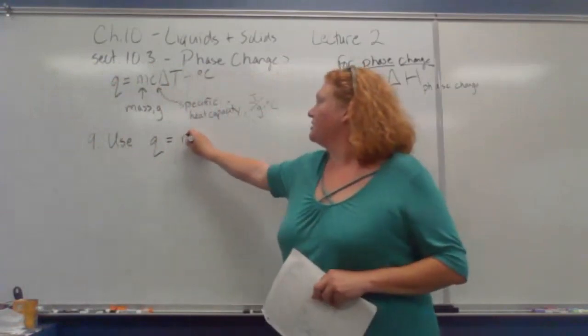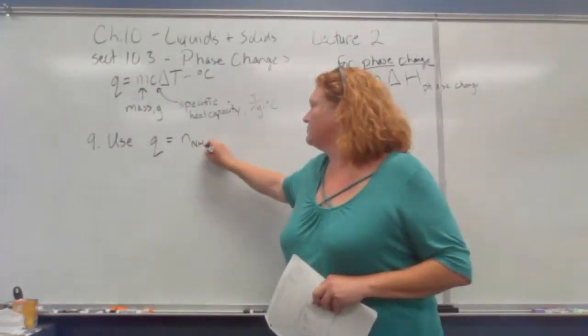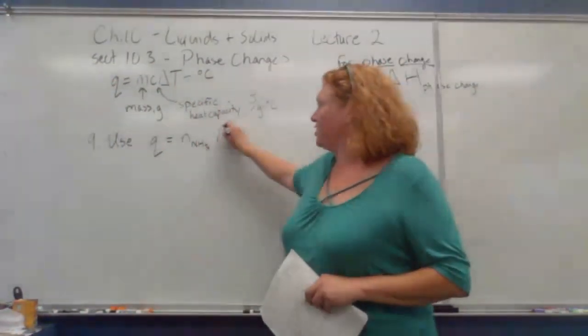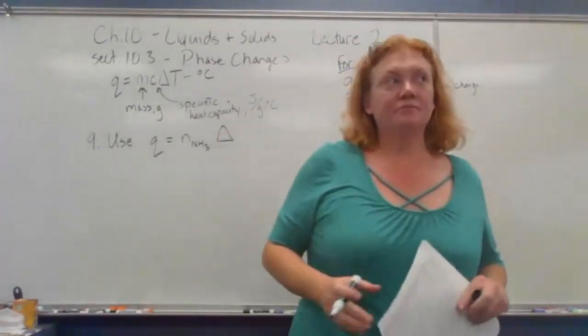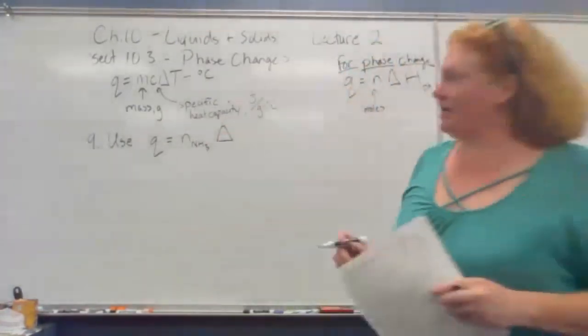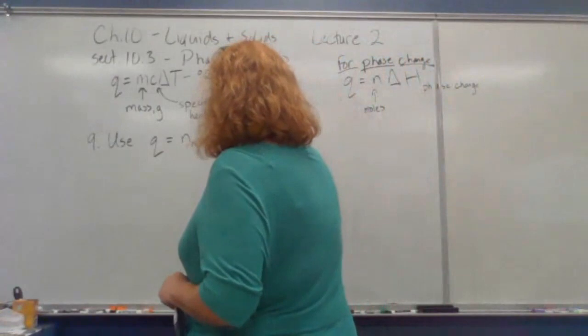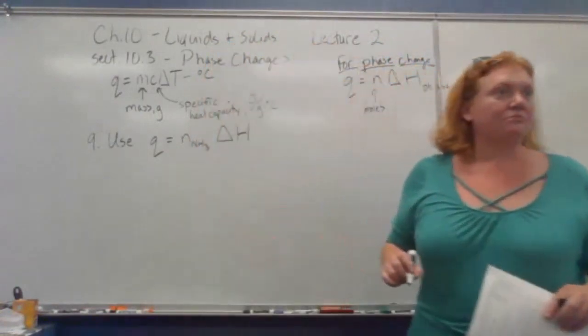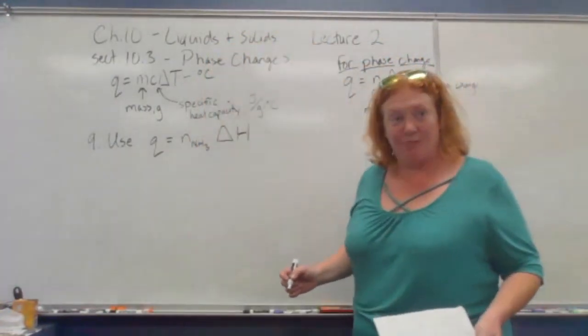So I'm going to get the moles of ammonia and multiply it by the ΔH of vaporization, because that's what I'm doing to it.